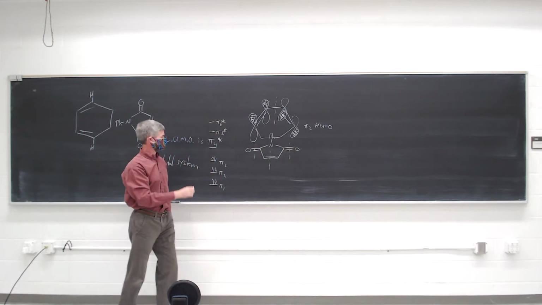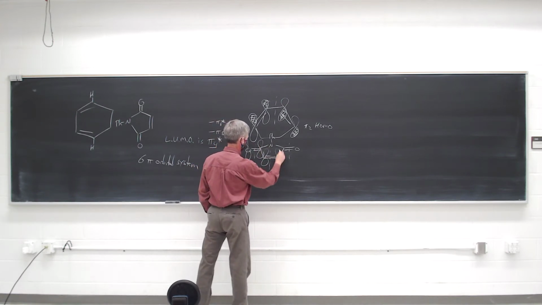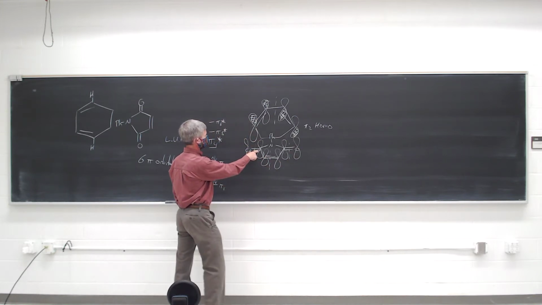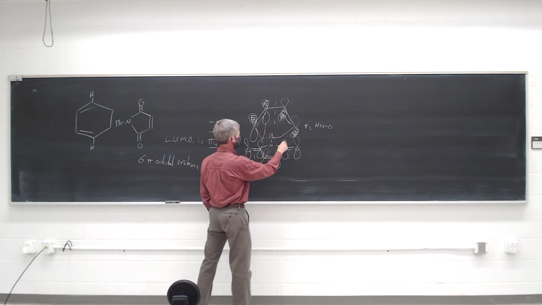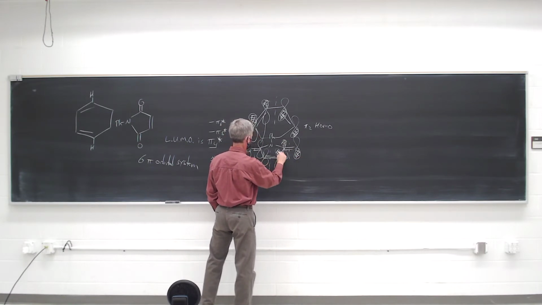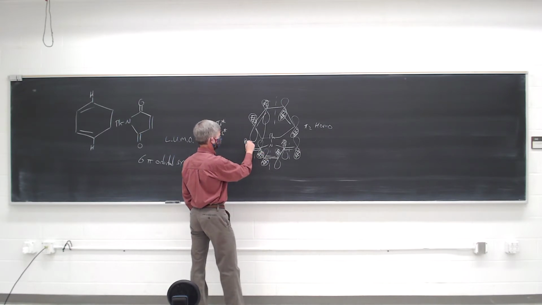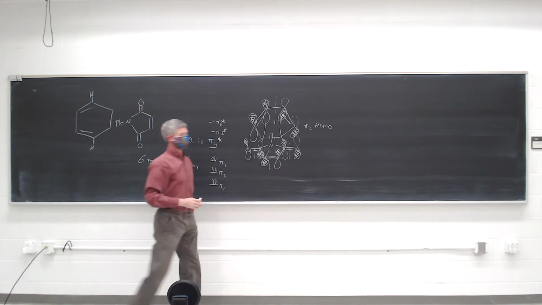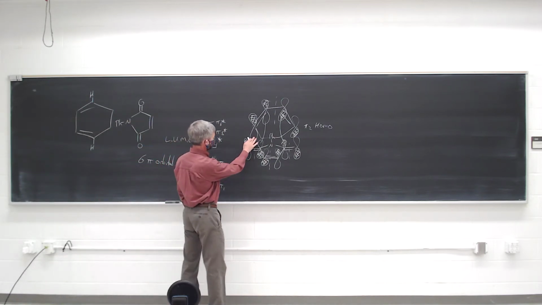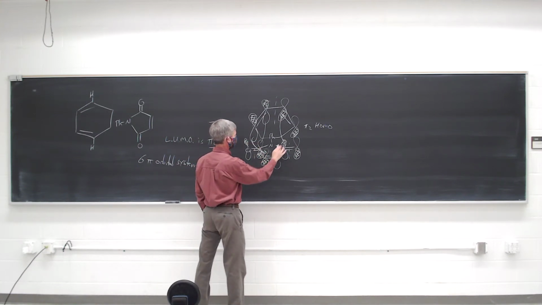Pi 4 star. And we're going to have secondary orbital overlap here and here, from the 2 carbonyls going into the back end. And then we're also forming new bonds between this one and that. And we're forming a new bond between this one and that.